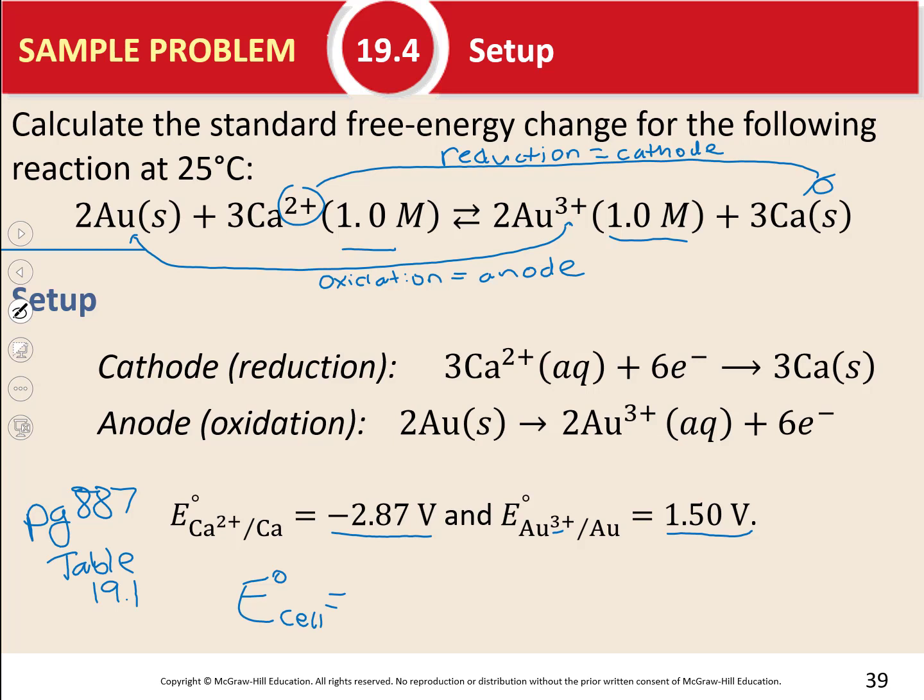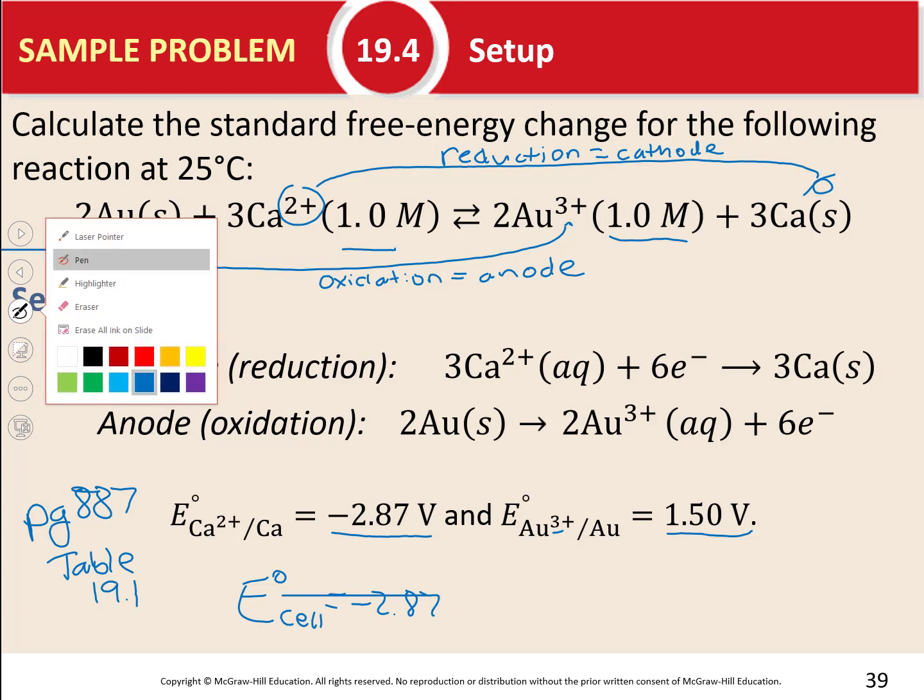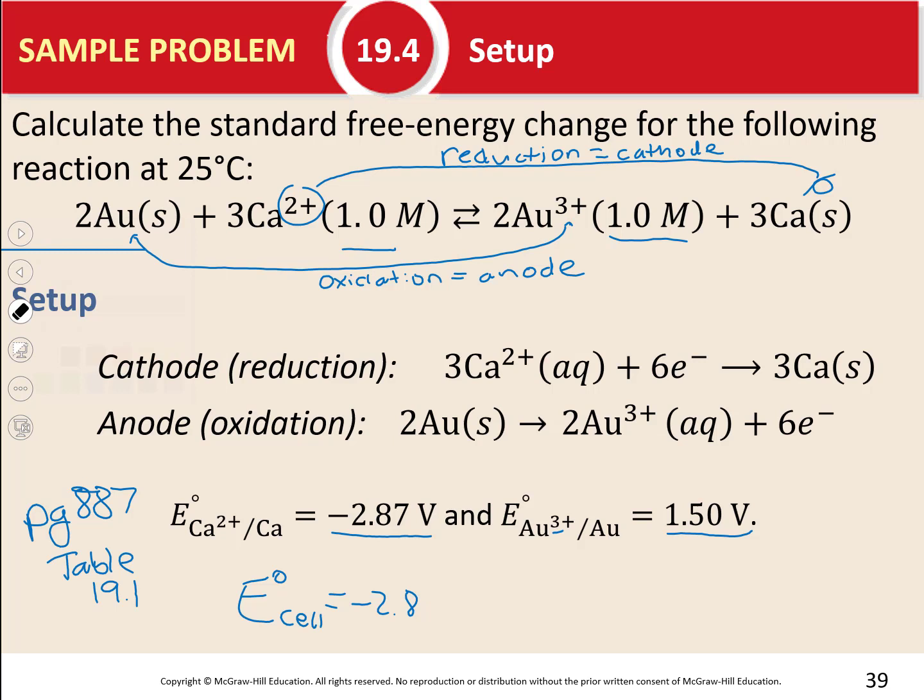So calcium had negative 2.87 volts, minus our anode, which is going to be the gold, so minus 1.50 volts. So that ends up being what? Good. Negative 4.37 volts is our E standard of the cell.